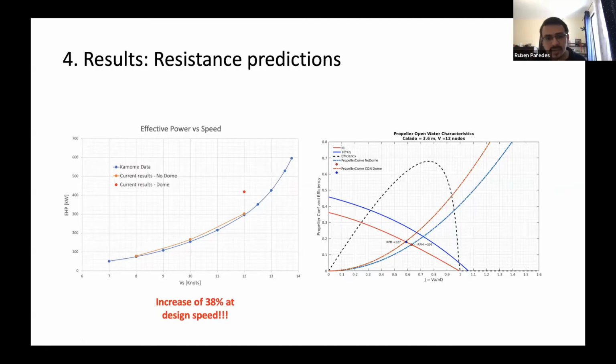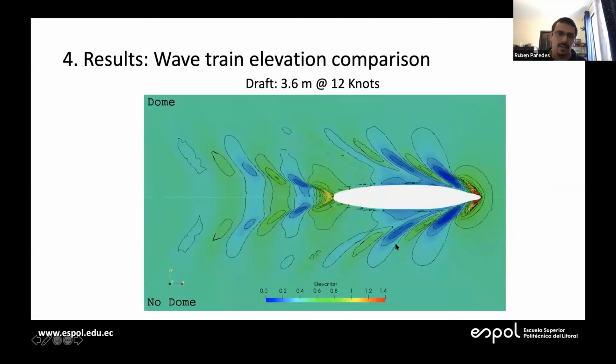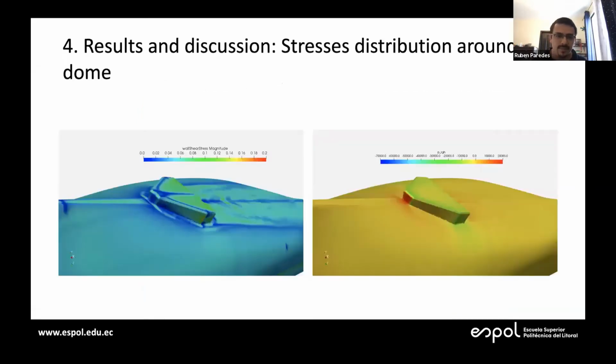Of course, that's going to reflect on the rotational speed that the propeller needs to operate at. And looking at the wave train, there is no significant difference between the configuration with the dome and the one without the dome, as expected, because the structure is below the keel line.